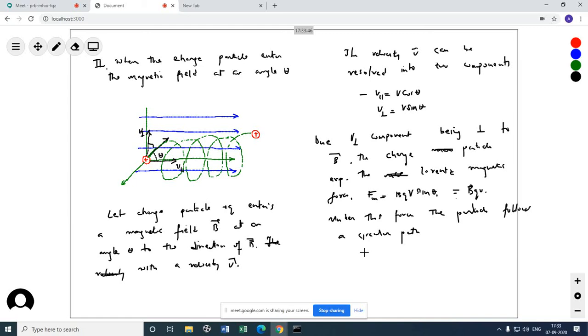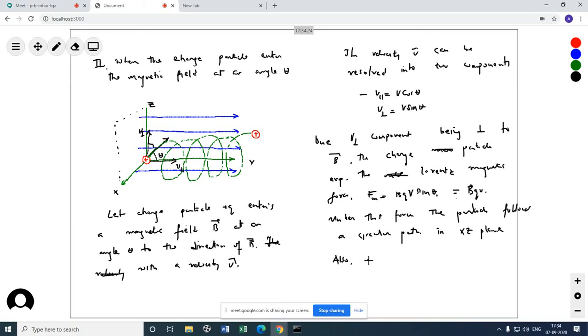If this is x, y, z, it follows the circular path in the xz plane. Can you see the xz plane? I'm talking about this plane. It follows a circular path in this plane.